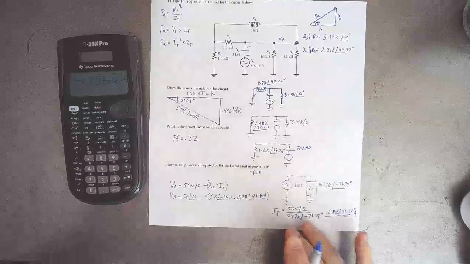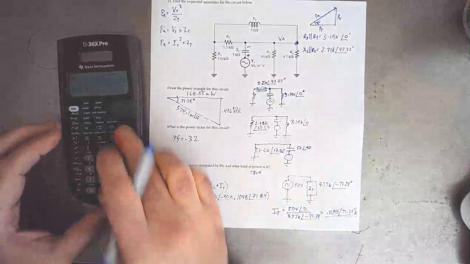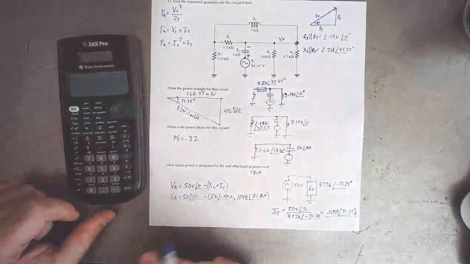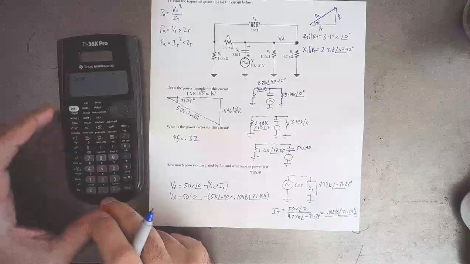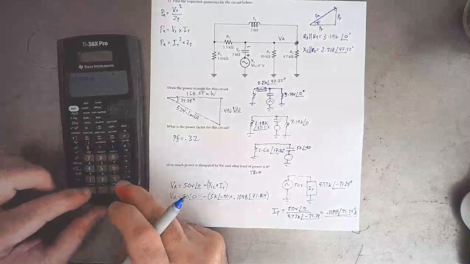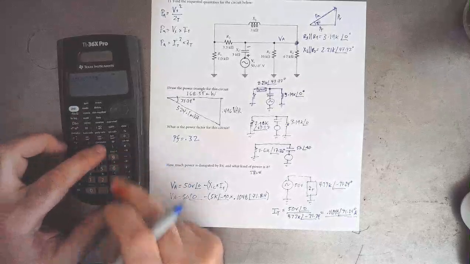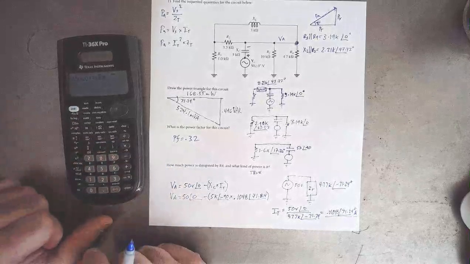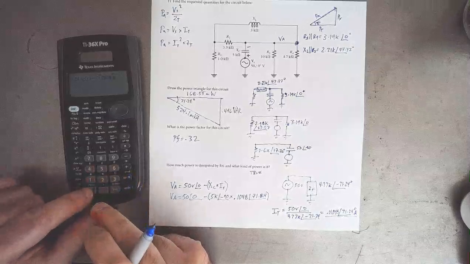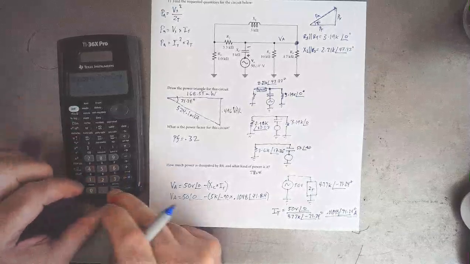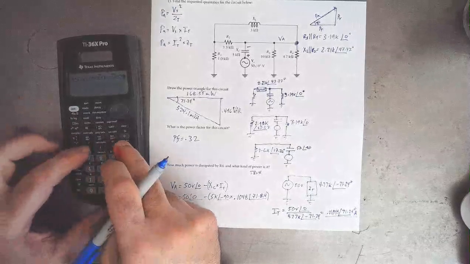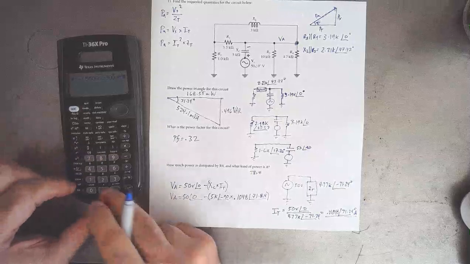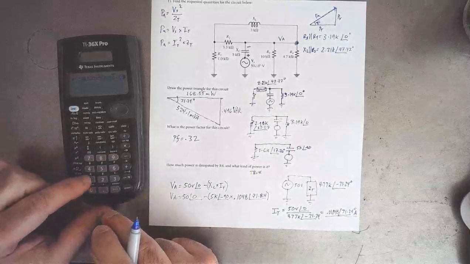And let's see what we get. So VS is 50 volts at an angle of 0 minus, and then parentheses here, 5K at an angle of negative 90 times IT, which is 0.01048.